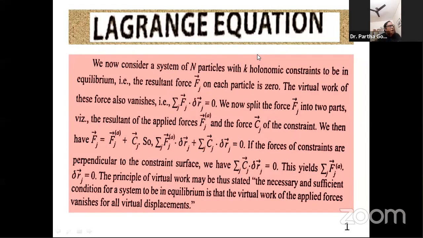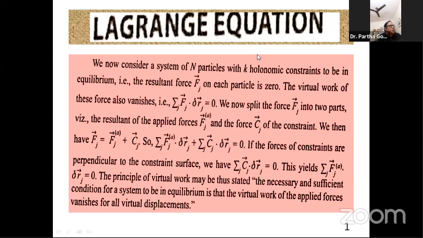So suppose we have n particles with k holonomic constraints, and suppose Fj is the resultant force on each particle. The virtual work due to each of the forces would be Fj dot drj, which is known to everybody. That work is expressed in terms of the dot product of force.